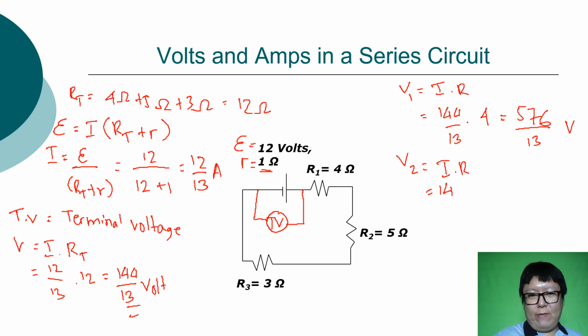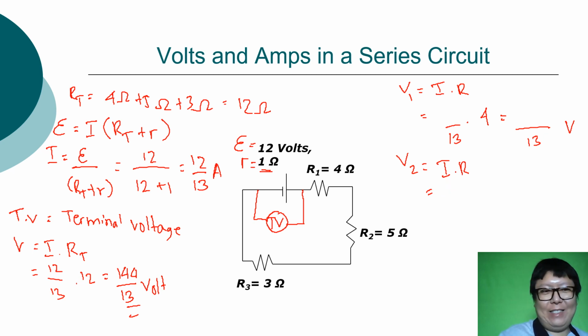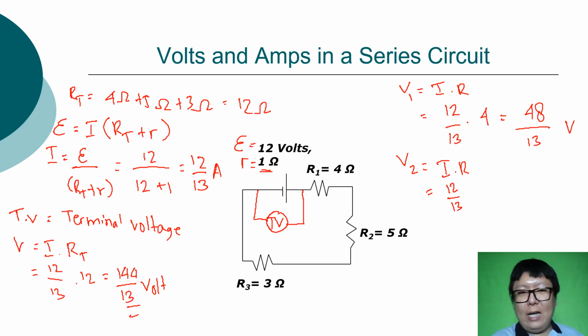I have to erase. We cannot use the V, you have to use the I. So this one should be 12. Little bit nervous, guys. I hope that you understand, okay? So this is 12 per 13 times 4, so 48 per 13. Okay, V2 is I times R also, and this one also 12 per 13. Why do we use the same I? Because this is series, so the current stays the same.